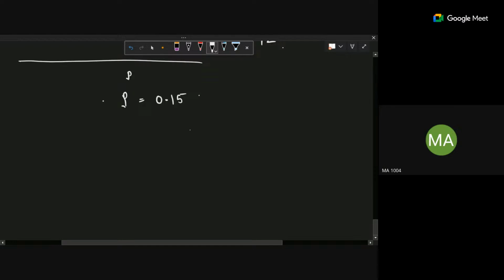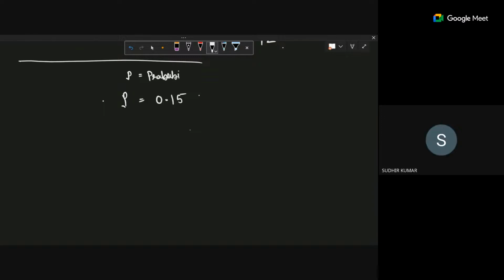So if your new machine is superior, what should the probability be? It should be higher or lower than the previous? It should be lower. This is the probability of failing to detect, right? Yeah, got it, ma'am.